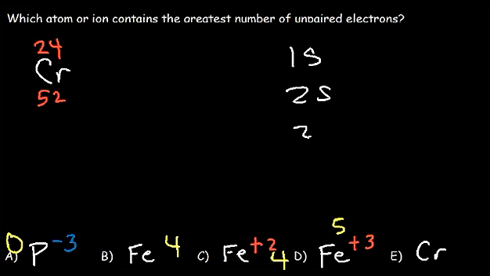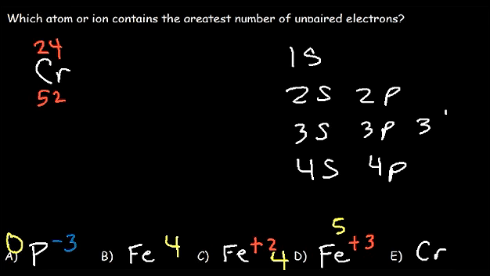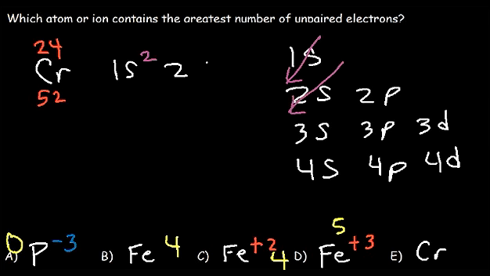So let's use the same technique to find the ground state configuration for chromium. I don't think we need 4f. So it's going to be 1s2, and then after 1s we have 2s2.